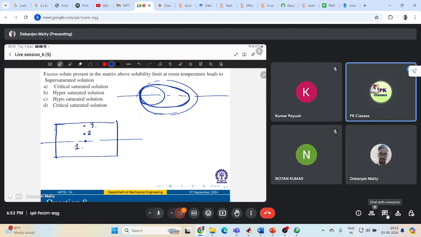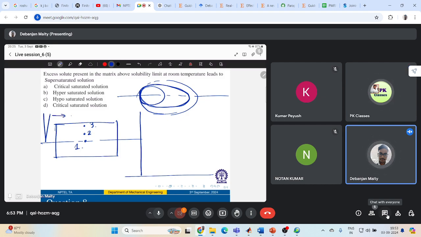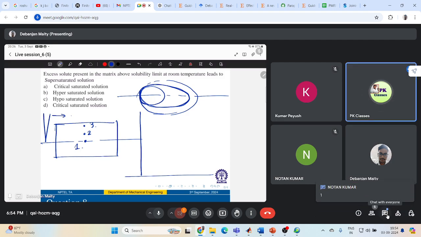Now, if my heating source is the center line, which point will experience the maximum temperature? Point 1, sir.